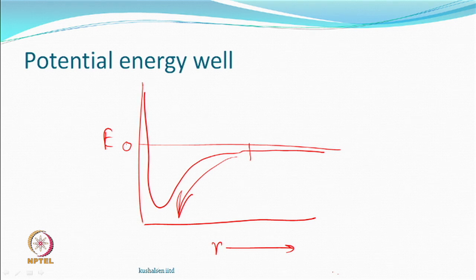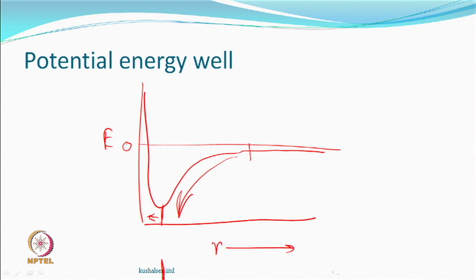If you bring them more close, beyond this point, then what happens? There is a repulsion. The electron clouds repel each other so much that you really have to work very hard to bring them closer.